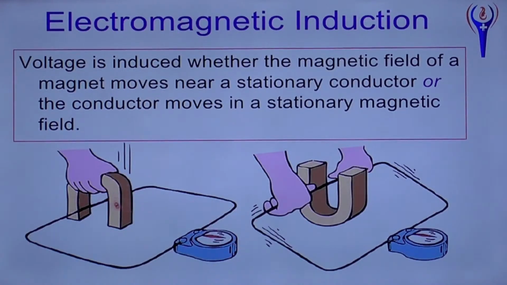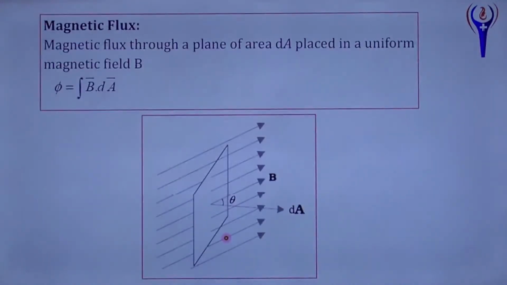So by changing the magnetic flux or magnetic field, some amount of voltage is induced. That is electromagnetic induction. Using the magnetic field, changing the magnetic flux linked with the coil, electric current is induced in it. This phenomenon is called electromagnetic induction.